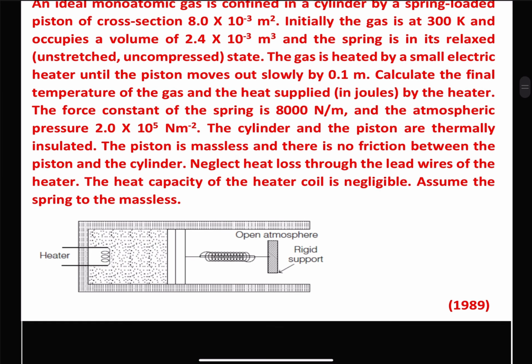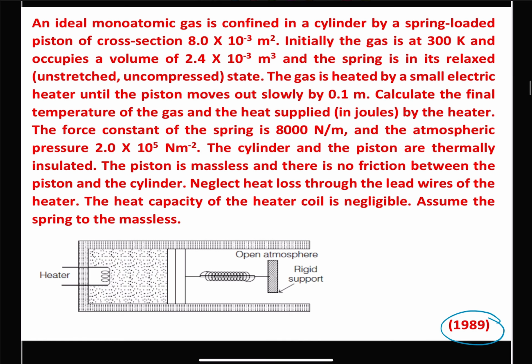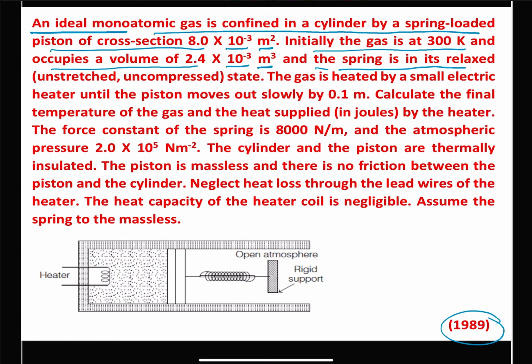Second question, it was asked in the year 1989, and it states that an ideal monatomic gas is confined in a cylinder by a spring-loaded piston of cross-section 8 into 10 to the minus 3 meter square. Initially, the gas is at 300 Kelvin and occupies a volume of 2.4 into 10 to the minus 3 meter cube. The spring is in its relaxed, unstretched and uncompressed state.